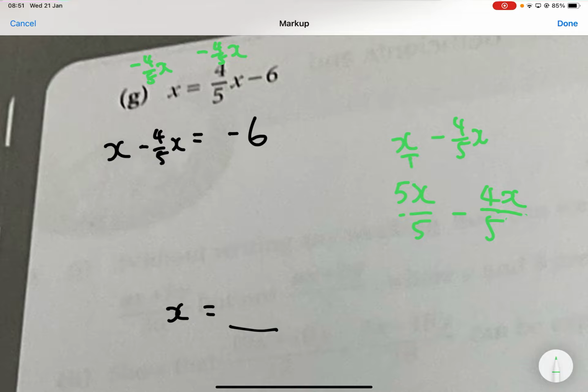So I want to make them same denominator. So I need to multiply 5, multiply 5. Once they are same denominator, I put them together. 5x minus 4x is 1x. So become x over 5. Okay? So I do this at the side. Then I find that I can simplify. x minus 4/5x is actually x over 5.